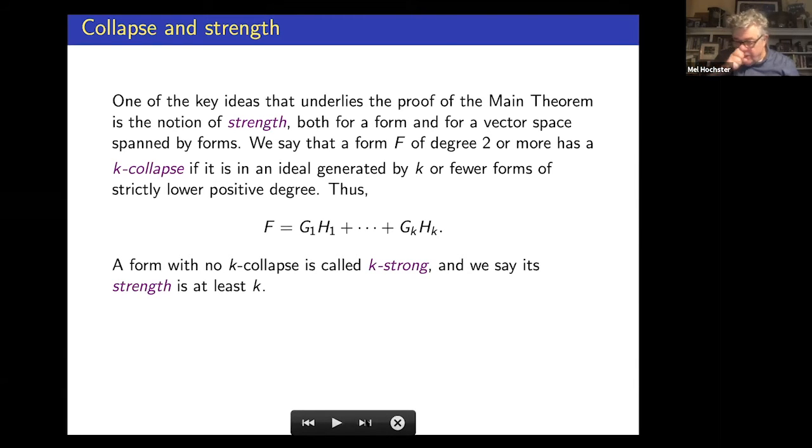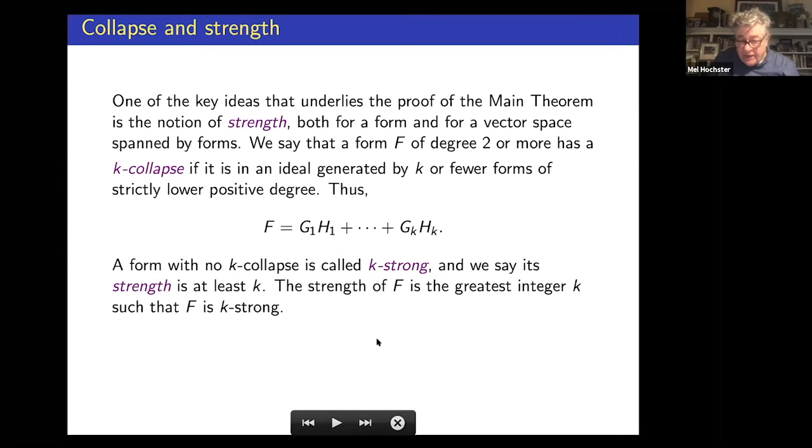So this is a relatively new notion, and it came up in several different contexts. A number of people started thinking about it at around the same time. So the strength of a form is the greatest integer such that it's K strong. Of course, it'll always collapse if you take K to be the number of variables.